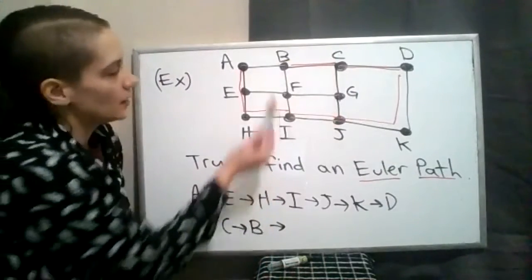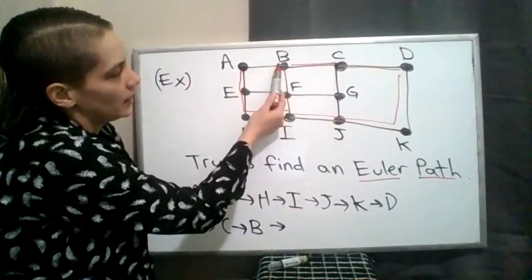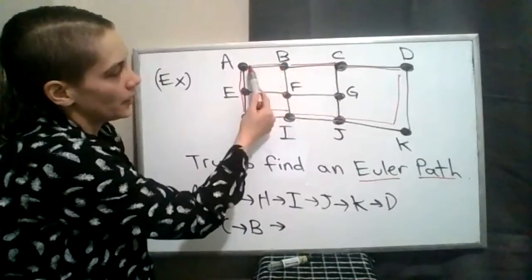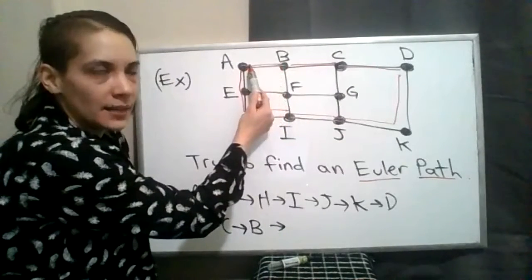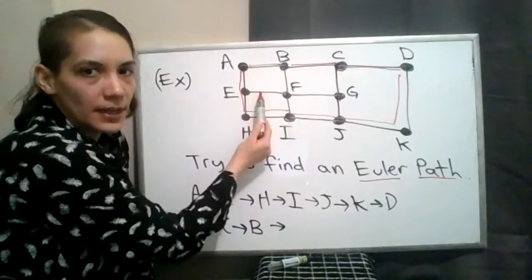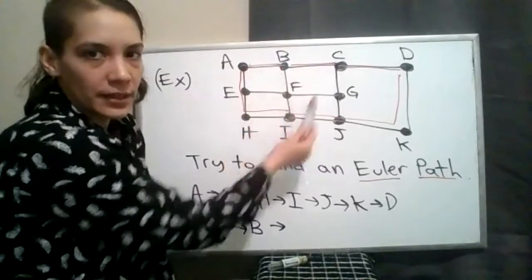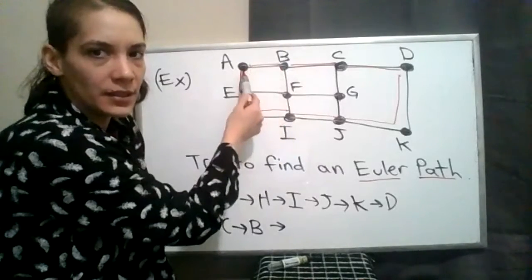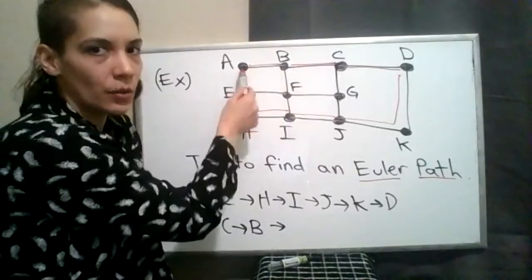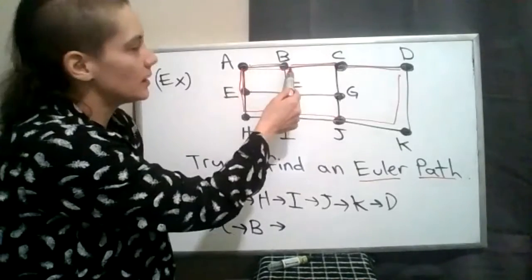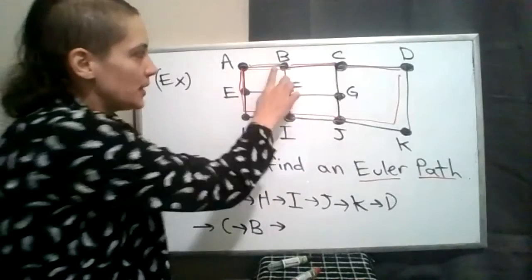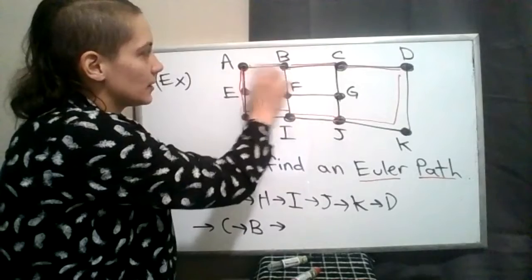Okay, thinking. So if I go further and get to the vertex A, and I want to still go over those edges over here in the middle, I'd have to either reuse AE or reuse AB. So it wouldn't be a path anymore if I did that.